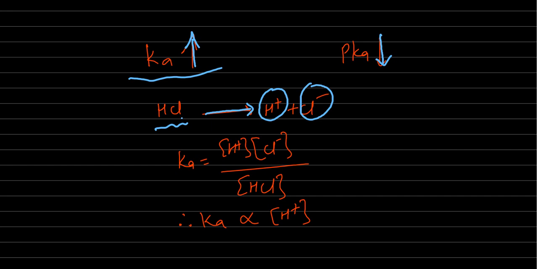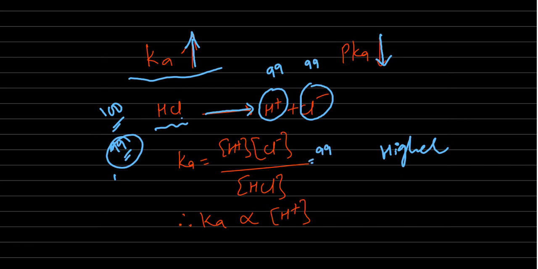This ratio is higher whenever it is completely dissociated. Suppose, for example, I am taking 100 molecules. Out of 100 molecules, 99 dissociated, only one HCl remained. So how many H plus ions? 99 H plus ions, 99 Cl minus ions. So my answer is 99 into 99 by 1.